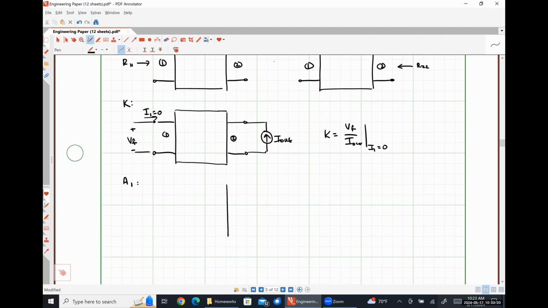What do you think our A1 circuit is going to look like? So let's put the open loop amplifier circuit here smack in the middle. So how should R sig be connected?